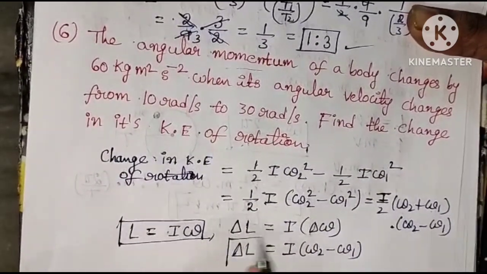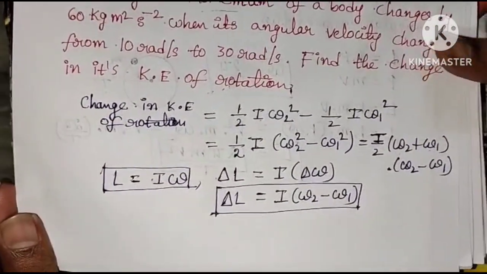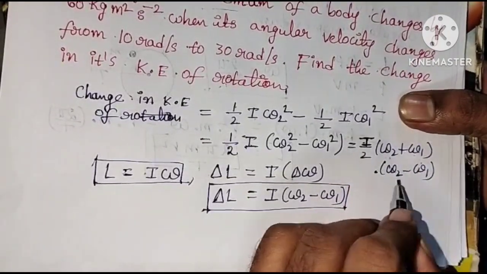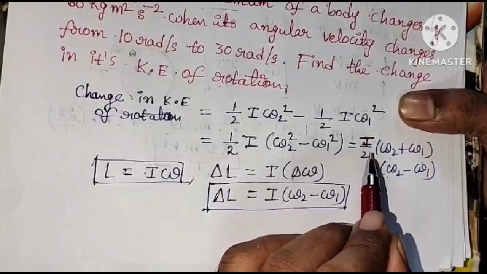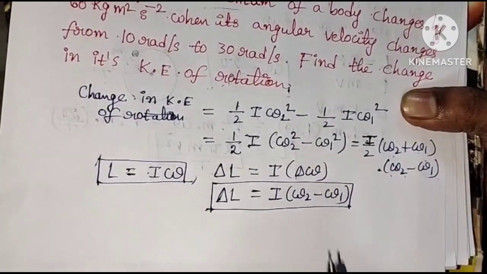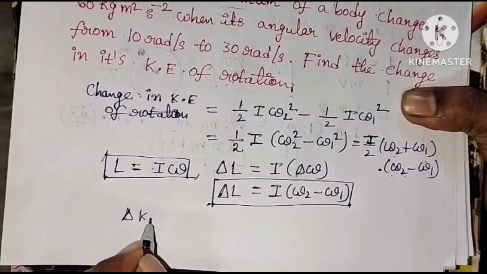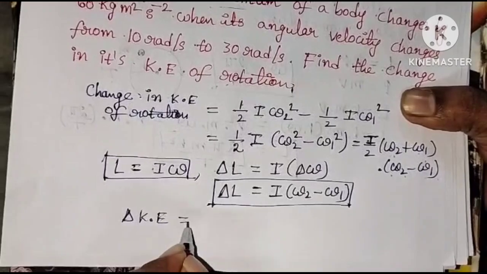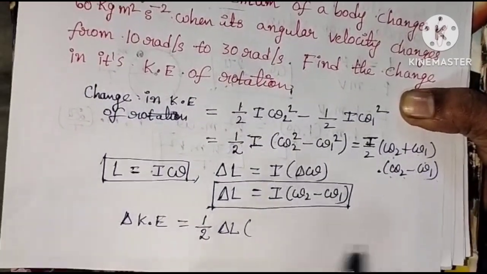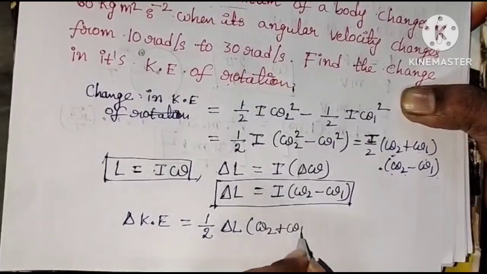Now here we have I by 2 into omega 2 plus omega 1 into omega 2 minus omega 1. So in place of I into omega 2 minus omega 1, we can write delta L. Then change in kinetic energy delta KE is equal to 1 by 2 into delta L into omega 2 plus omega 1.